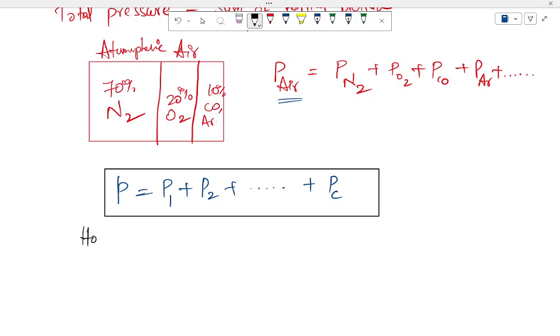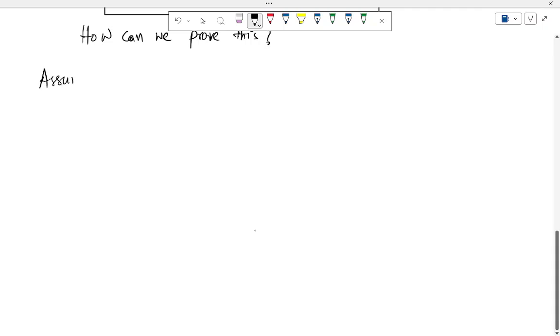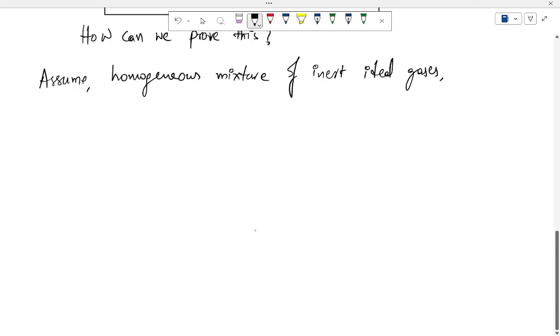In order to prove this, let me assume a homogeneous mixture of inert ideal gases, all of them considered at temperature T, pressure P, and volume V. These are the things that are considered here.